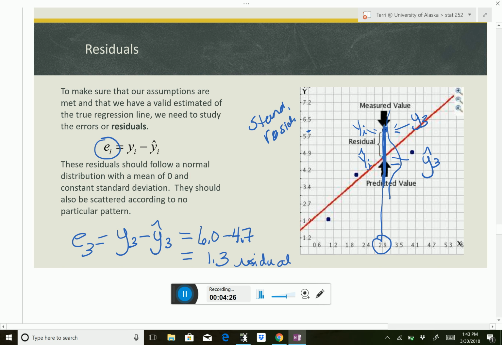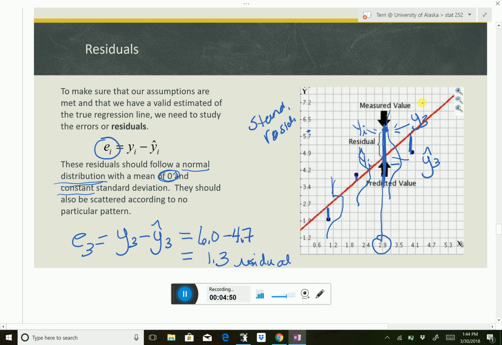These residuals should be a normal distribution. If I take all the residuals for each one of these data points, they should be normally distributed. They should have an average of 0, and they should have the same standard deviation. So my bell curves for each one of these should be exactly the same size.